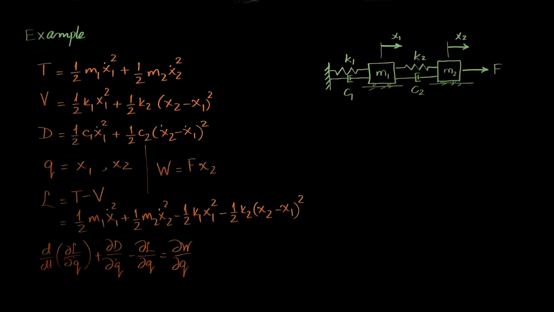So now first for q equals x1, term by term, partial L partial x1 dot is, all terms are zero that do not contain x1 dot, so it's only the derivative of the first term, which is m1 x1 dot, and taking the time derivative of this, d by dt partial L partial x1 dot equals m1 x1 double dot.